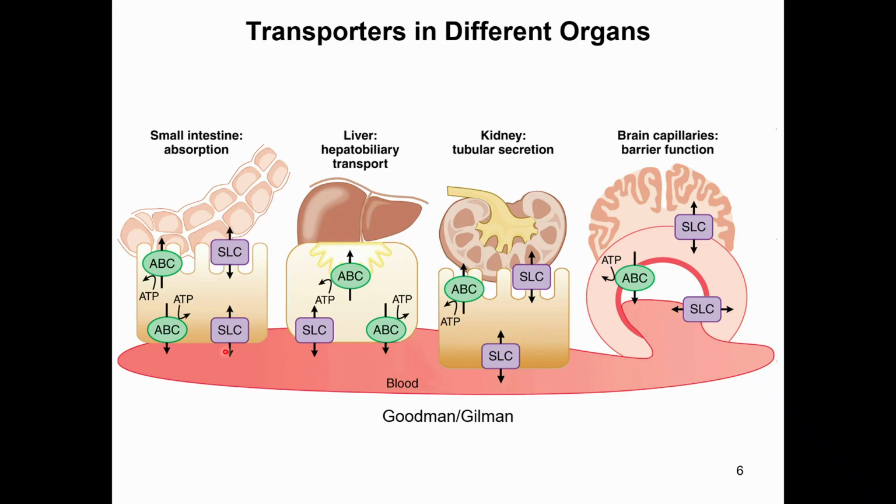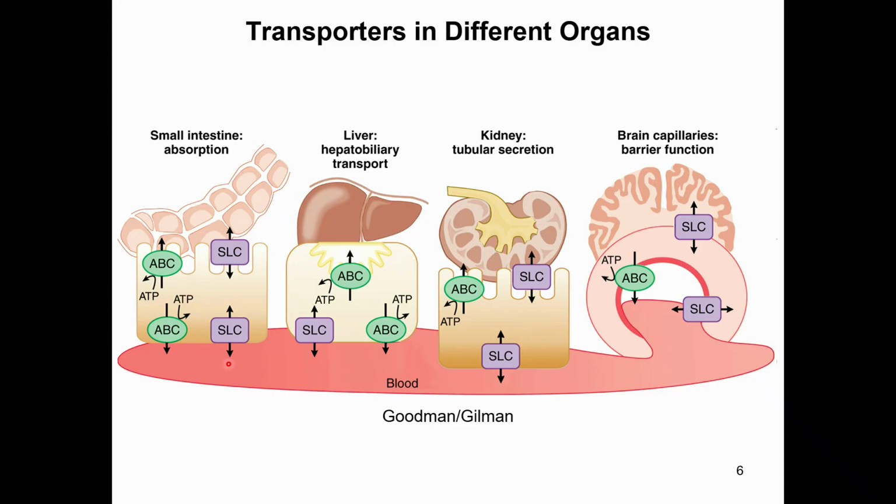You'll notice that there are transport mechanisms to take things from the intestine and put them into the blood, but there are also ways that these cells can take compounds that are in the enterocytes and put them back into the small intestine, okay? So transport is bidirectional, both between the enterocytes and the inside of the small intestine, and between the inside of the enterocytes and the blood.